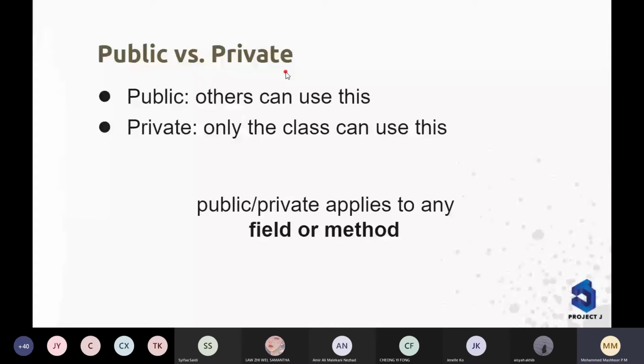Default is there and protected is there, and our tutors will give you more information regarding default and protected during the tutorial sessions. Now we will look at public and private. Public basically means what the word says: everyone can use it. Every class can use it. There's no restriction on the usage of that particular class or variable.